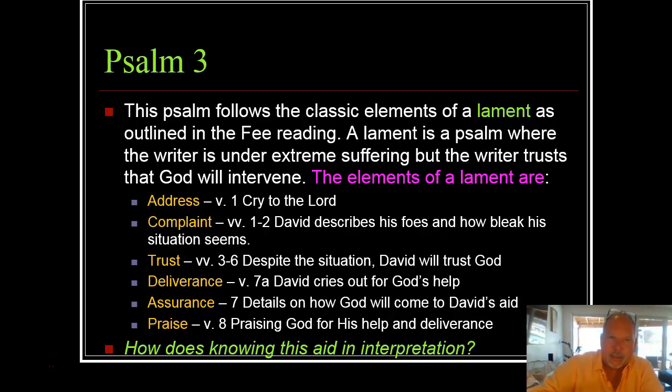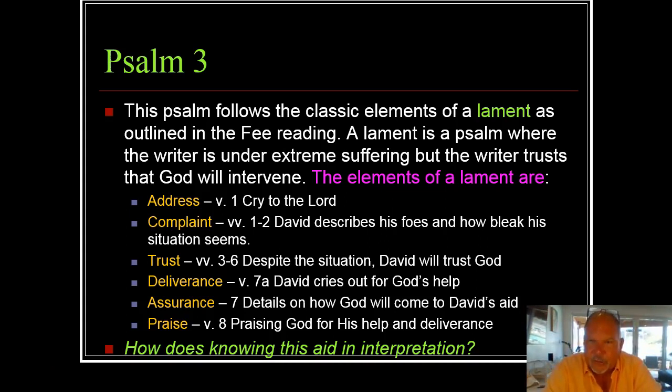So how would we identify this psalm? Well, the psalm follows the classic elements of a lament. As outlined in the reading, a lament is a psalm where the writer is under extreme suffering, but the writer trusts that God will intervene. The elements of a lament are first an address. Verse 1, cry to the Lord. Second, a complaint.